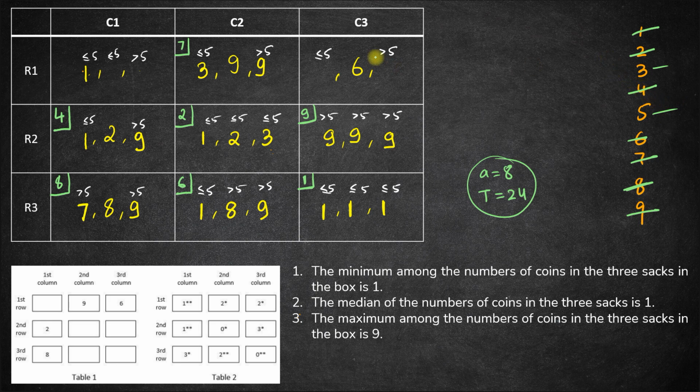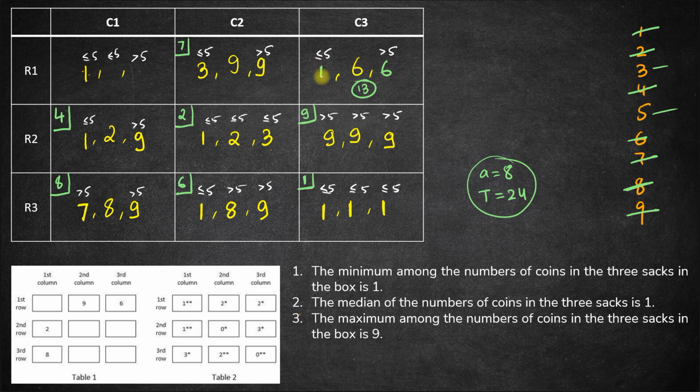Okay? Now, let's look at over here. What is the minimum possible sum over here? The minimum possible sum will be if you have least value here 1 and the least value here, which is 6. So 6 plus 6 is 12 and 12 plus 1 is 13. So the minimum sum possible here is 13. Right?